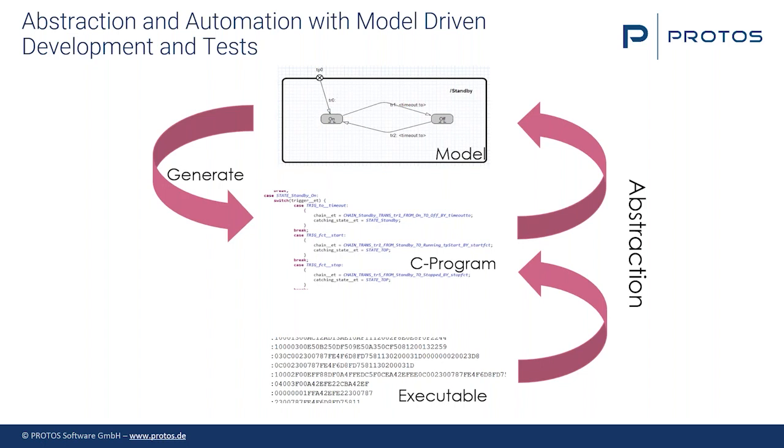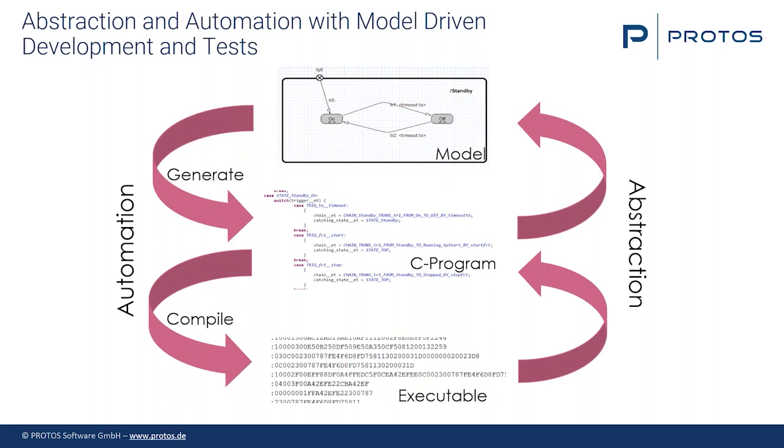In the other direction, I can use, for example, code generation or interpretation to generate the C program in this case. Then I can compile the C program into an executable to add the information needed for the processor, for the microcontroller. And that's an automation step. So abstraction in the one direction, automation in the other direction. This helps a lot to work on a higher level of abstraction, to really talk about what I want to do and not how.